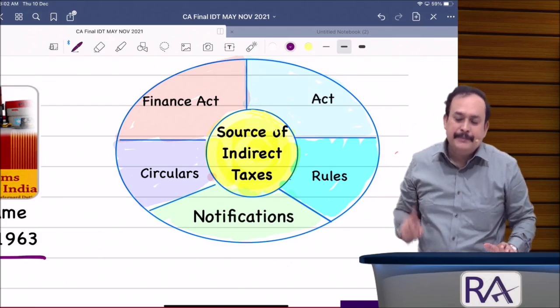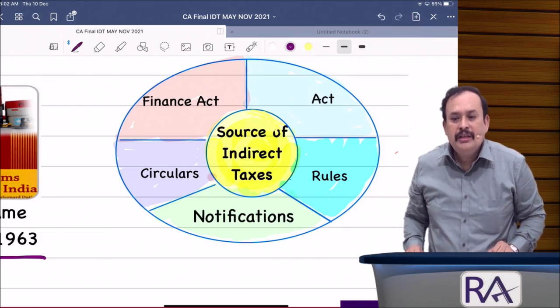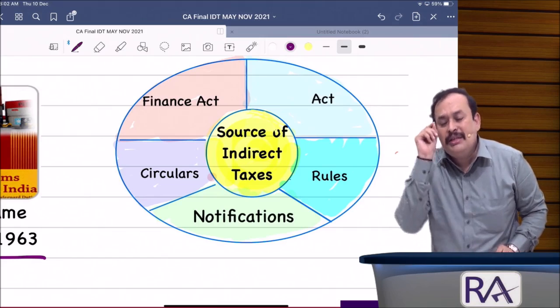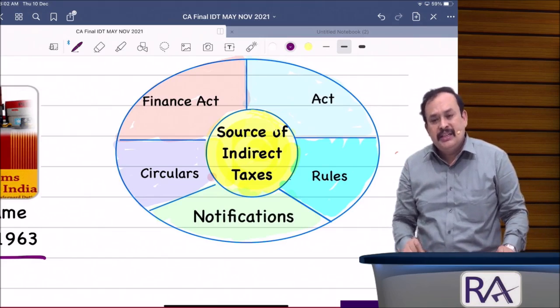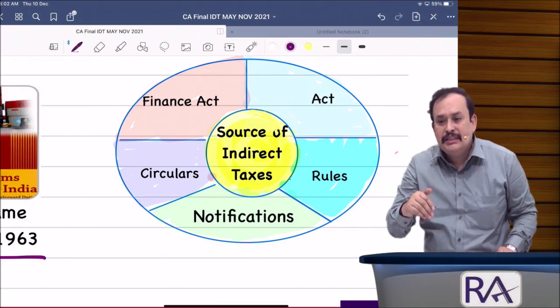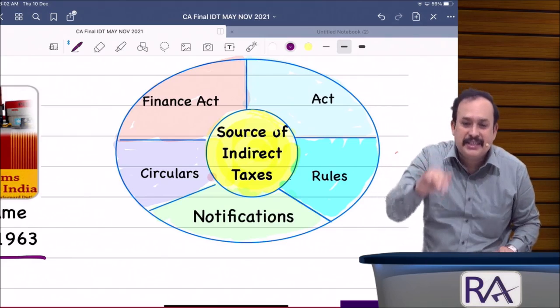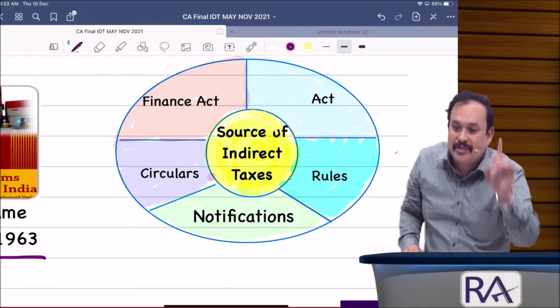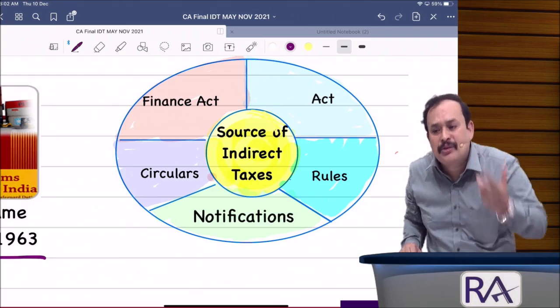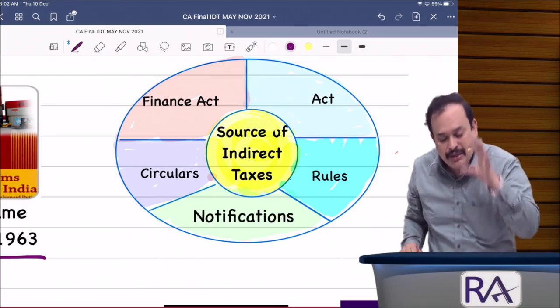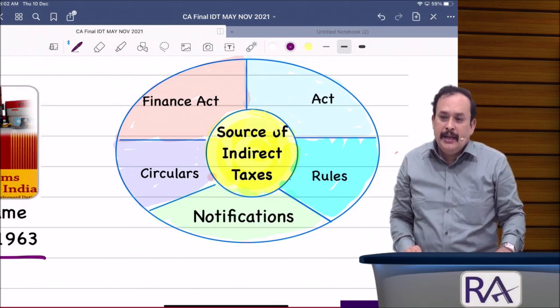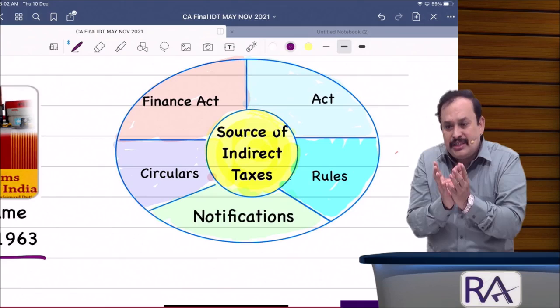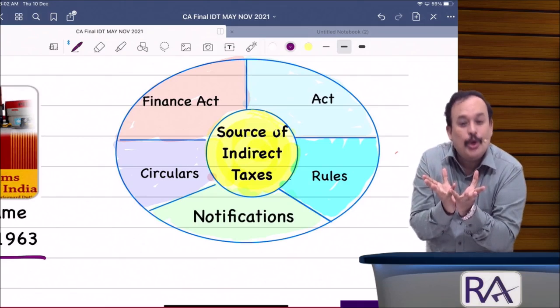Resulting in that, my dear, the Government of India took the initiative to bring GST legislation, where a constitutional amendment was required. Why was a constitutional amendment required for GST? I will tell you. The GST concept is dual taxation. What do you mean by this?